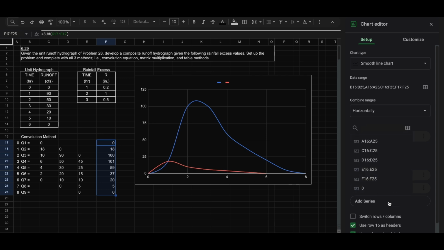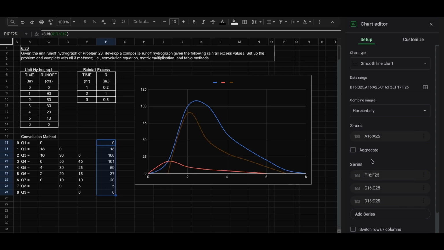Now, if we add the other ones, D and E, we see each one of them individually. And this started at time 0. The 1 inch rainfall excess multiplied by the unit hydrograph starts 1 hour later. And the third one starts an hour after that. And these are the approximate shapes of each one of them.